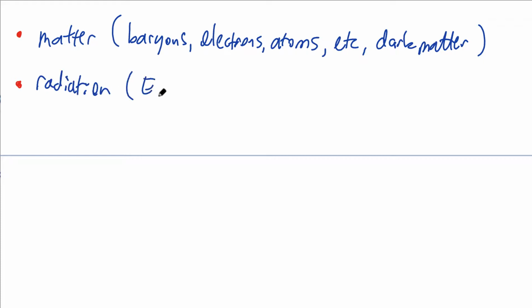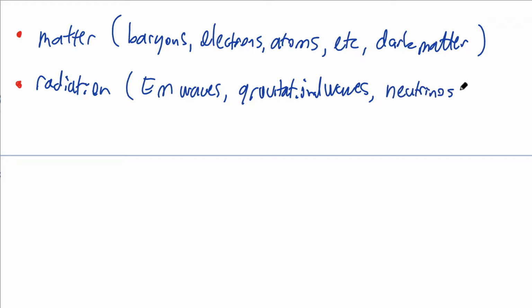This would include electromagnetic waves, gravitational waves, and we usually also include neutrinos in this list, even though neutrinos have a very small mass. They're usually included with the radiation. And the third type of perfect fluid is dark energy, which is also known as vacuum energy.